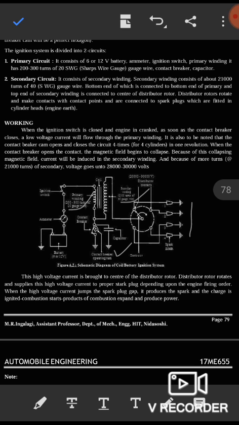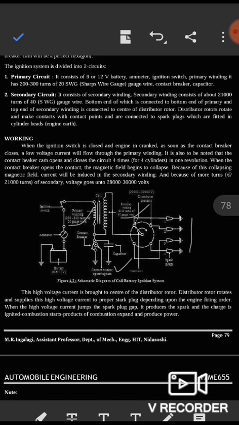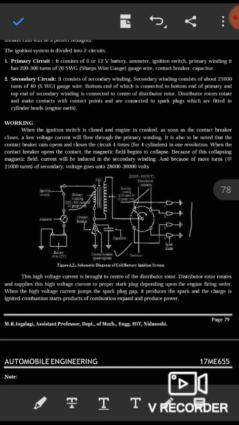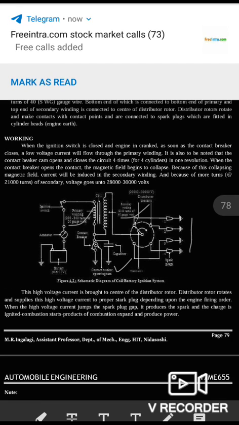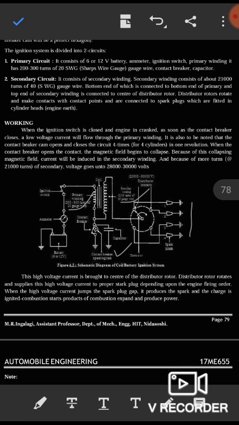Because of the collapsing magnetic field, current is induced in the secondary winding, and because of the many turns, about 21,000 turns of the secondary, the voltage rises to 28,000 to 30,000 volts.